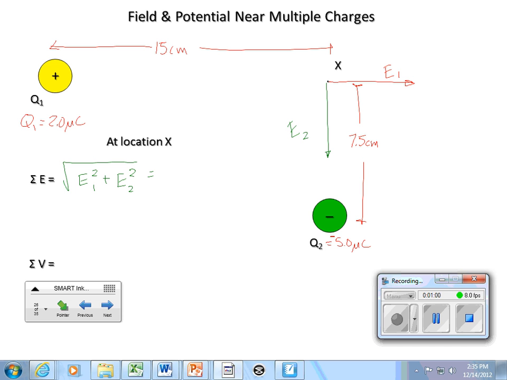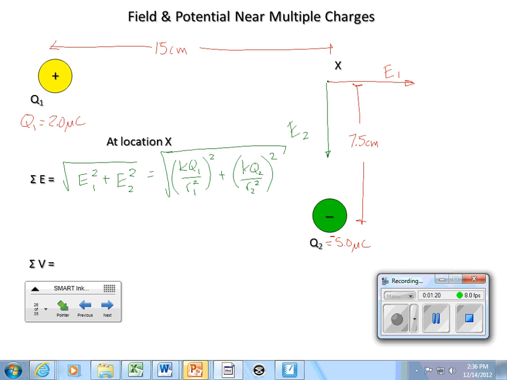So I'm going to write that as kQ1 over R1 squared, plus kQ2 over R2 squared, all squared, because that's our Pythagorean theorem thing.